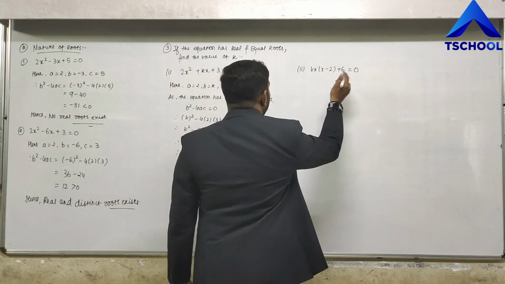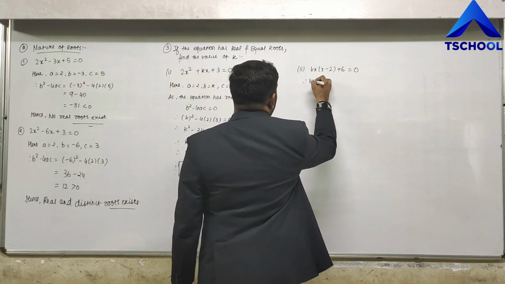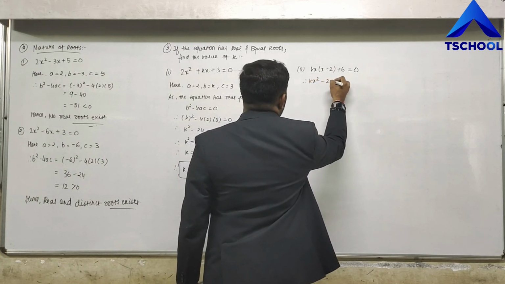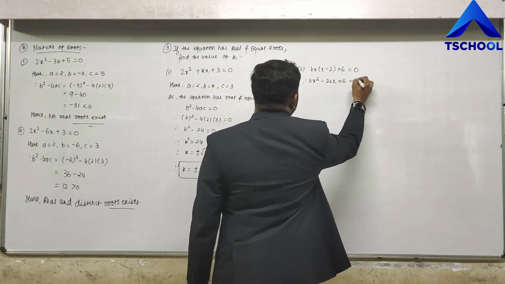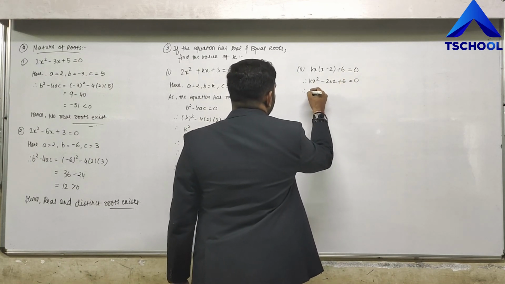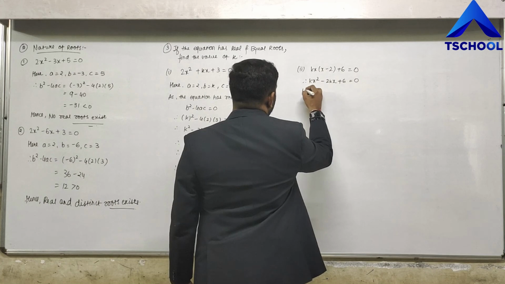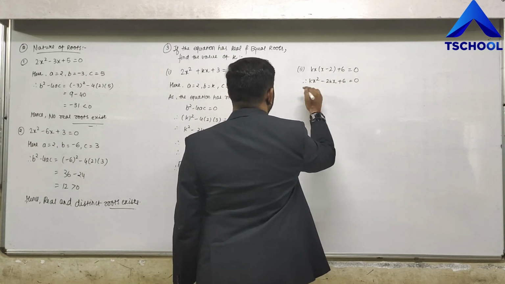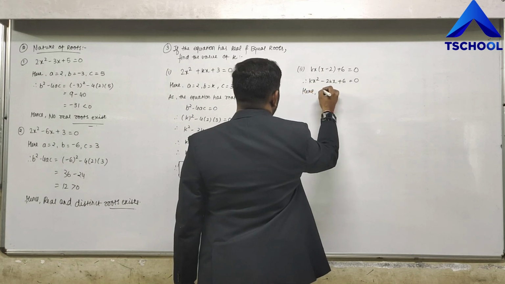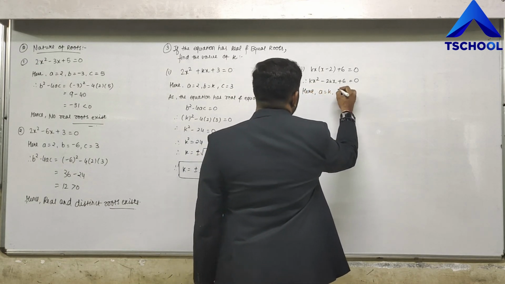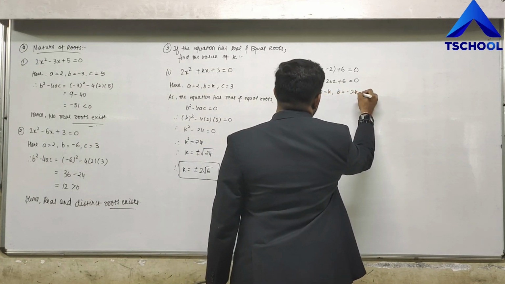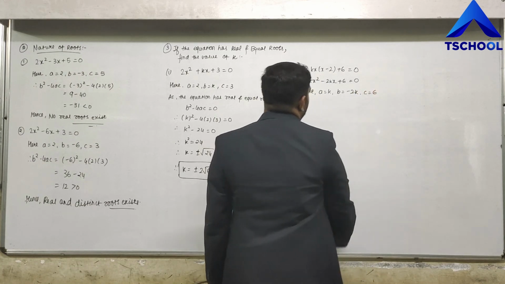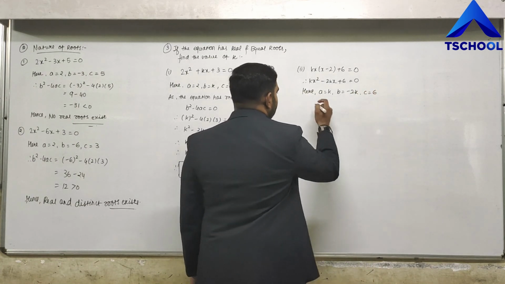So first of all we need to multiply. Therefore kx² − 2kx + 6 is equal to 0. Now we can say that here a is equal to k, b is equal to −2k and c is equal to 6.